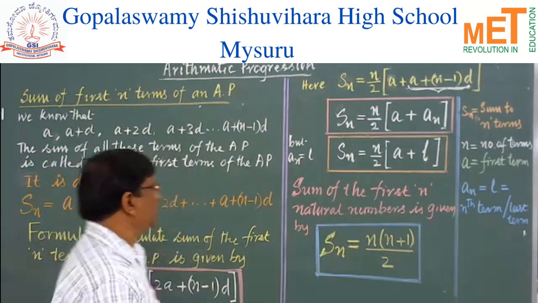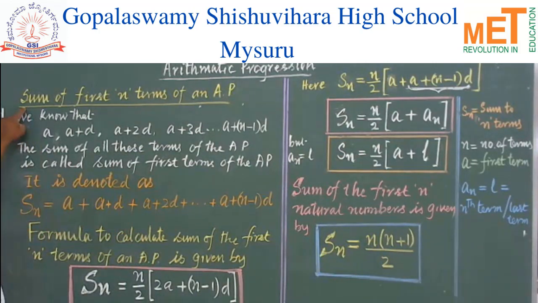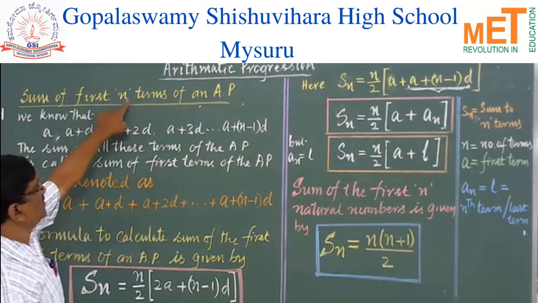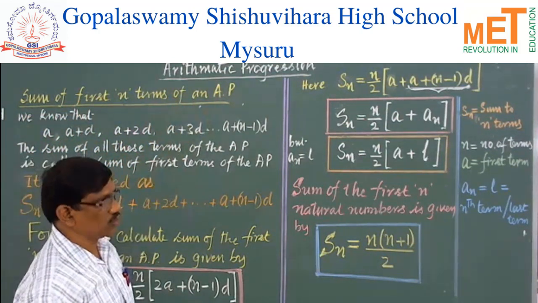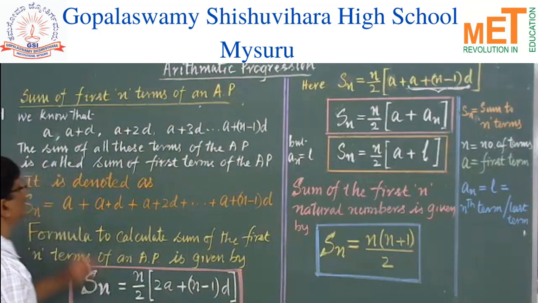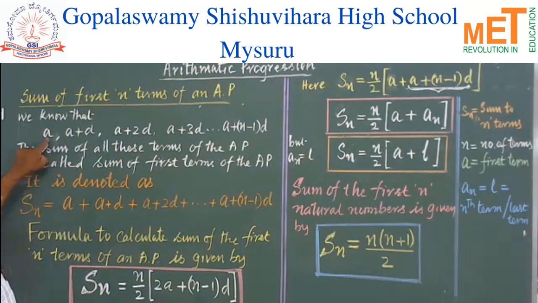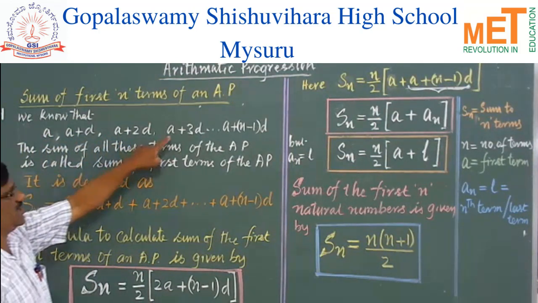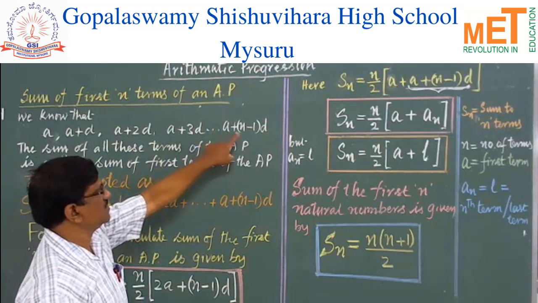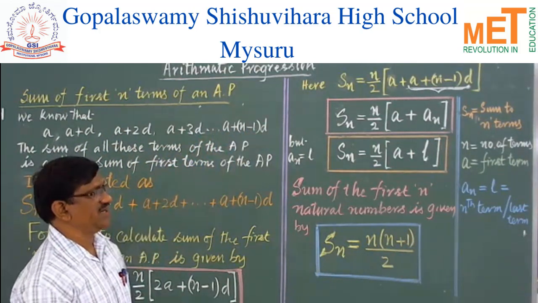For example, here we are going to learn in today's session the sum of the first n terms of an arithmetic progression. The general form is a, a plus d, a plus 2d, a plus 3d, etc., a plus n minus 1 into d.